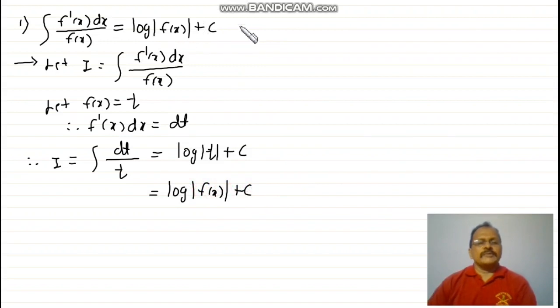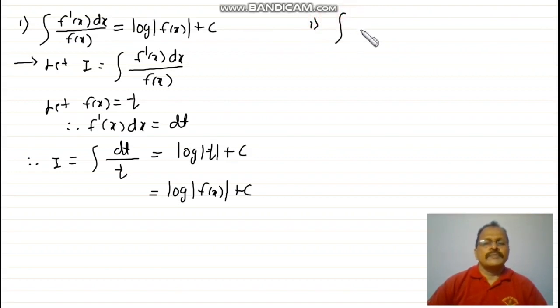Let us see problems related to this. First one very easy. Integration sec square x upon tan x plus 3 dx.